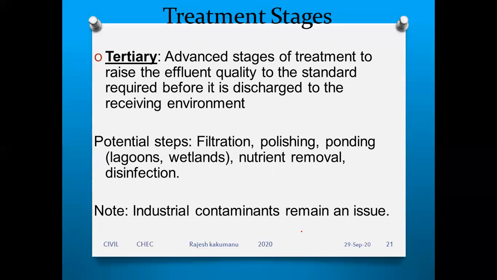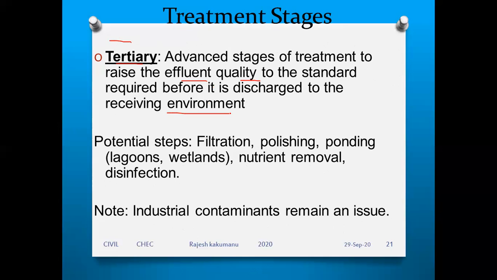Next, the third one is advanced or tertiary. So advanced stages of treatment raise the effluent quality to the standard required before it is discharged to the receiving environment. In this third stage, what are we saying? We call it the advanced stage, or the tertiary stage. So what happens here? Whatever secondary effluent is coming from the secondary stage, here this effluent is raised to the quality standards before it is discharged into the environment.